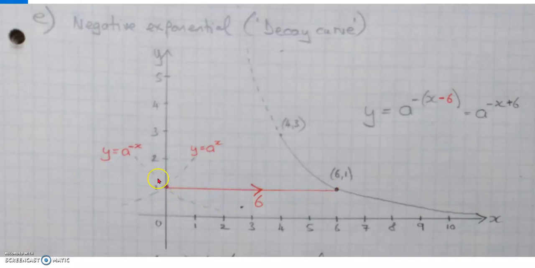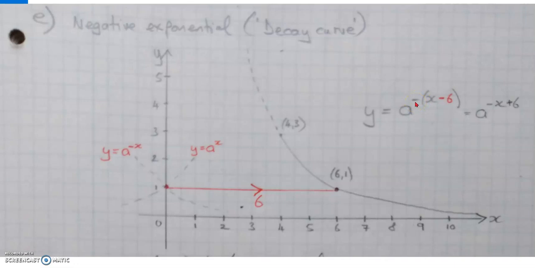So it's this standard exponential, but it's been shifted along that way by 6 units. Now, if that is the case, you must be writing x minus 6. But don't forget, there is a minus sign in front of whatever the x is. So we have to wrap this x minus 6 in brackets with the minus sign outside like that.